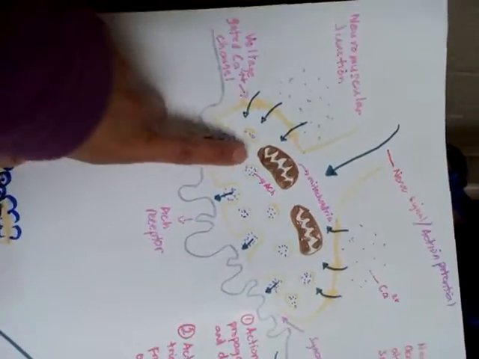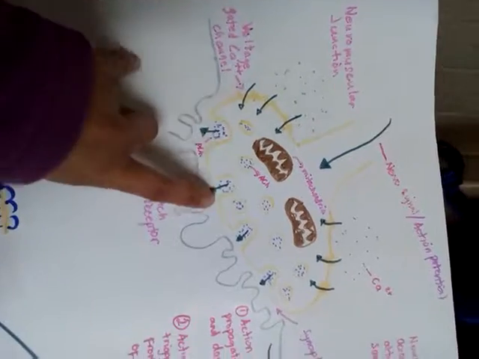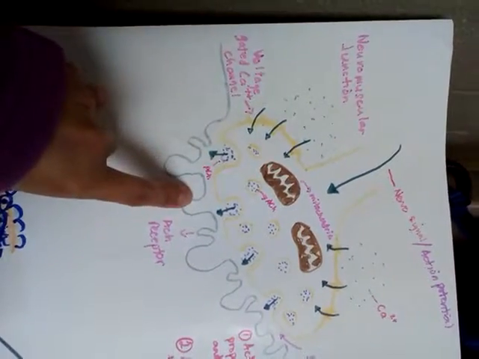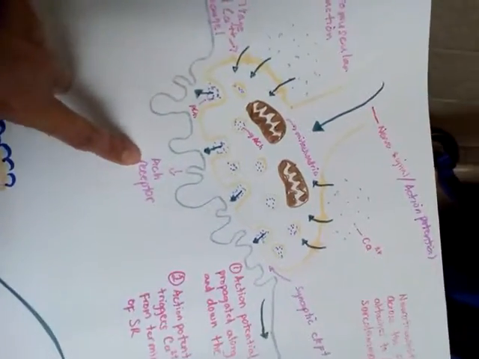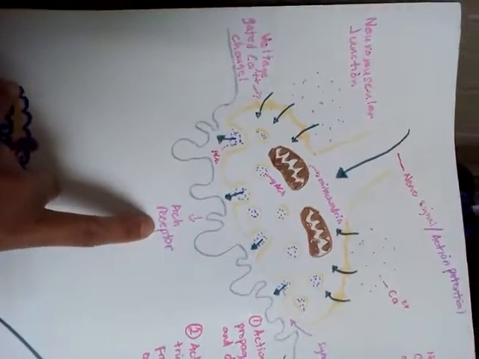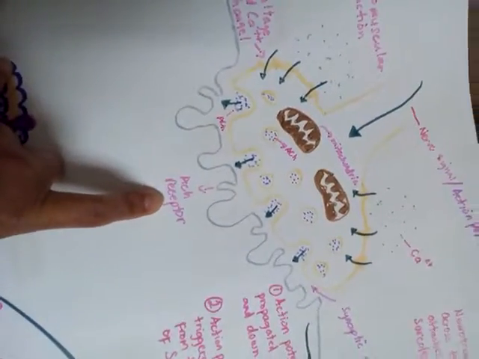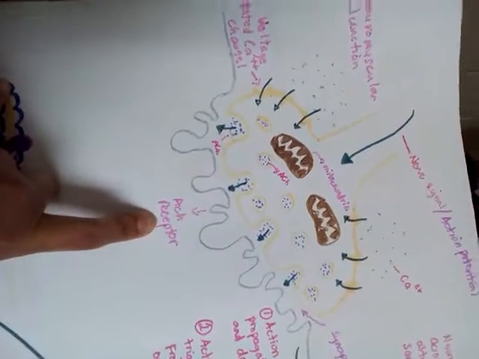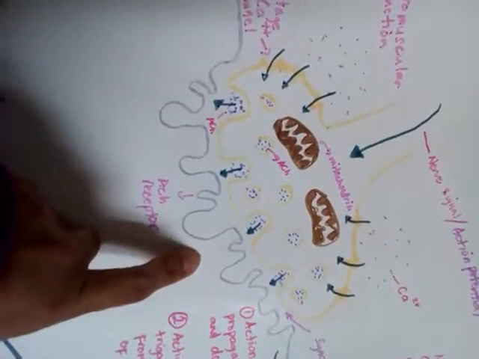acetylcholine, to go out to the synaptic cleft, and it is received by the ACh receptor in the sarcolemma.